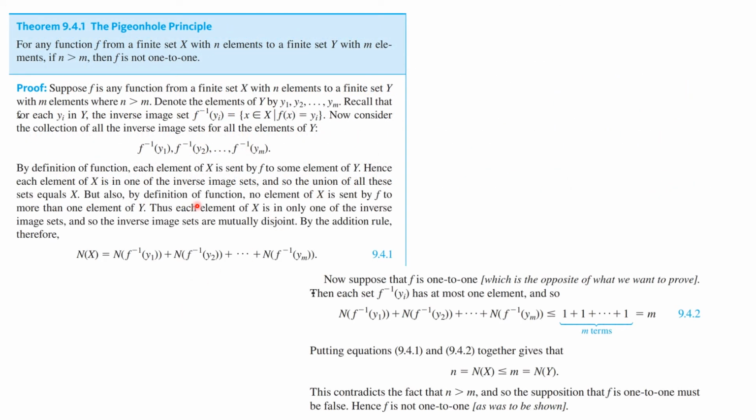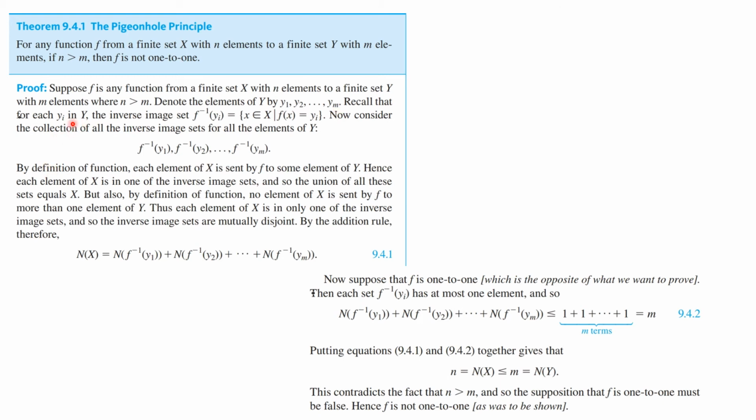We're then going to prove this theorem. Again, we're proving the pigeonhole principle. This is the statement we used before. Suppose f is any function from a finite set X with n elements to a finite set Y with m elements, and n is greater than m. Denote the elements of Y by y sub 1 through y sub m.